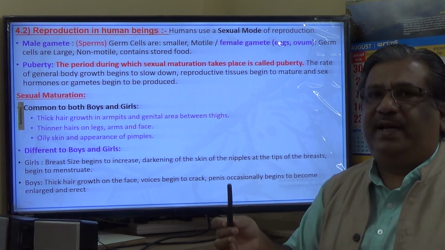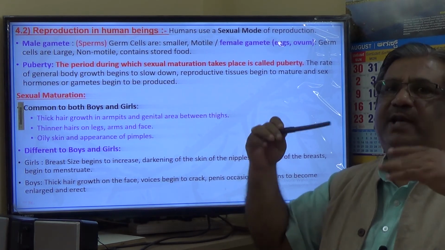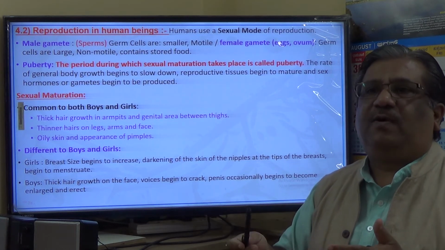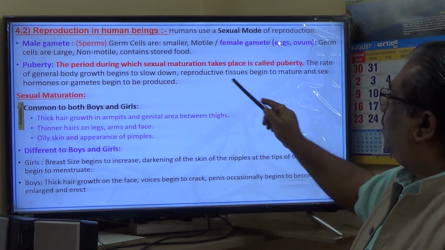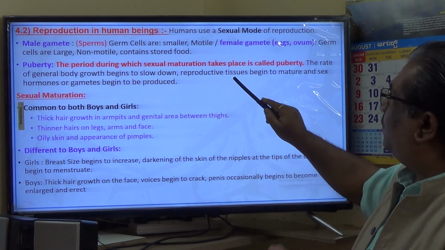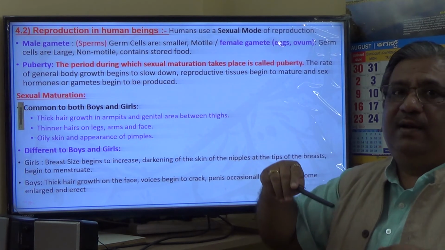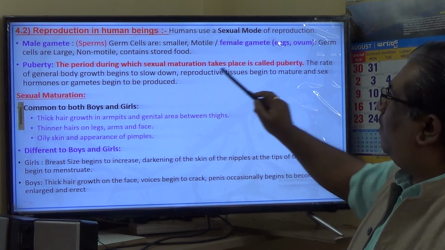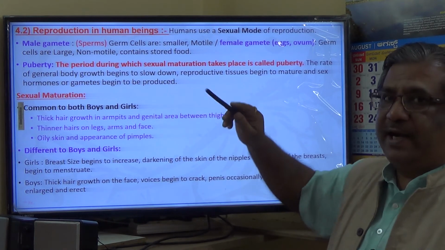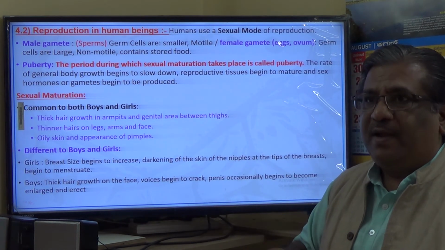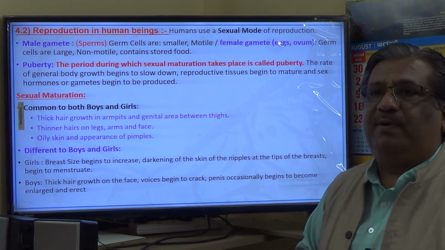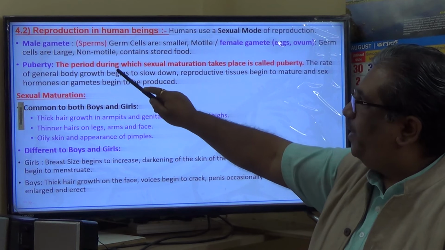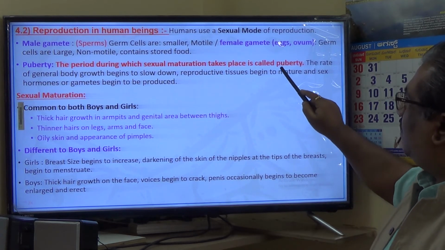It is that time period where the general body growth will be slowed down, but the maturity of the reproductive tissues and reproductive organs takes place, and the reproductive organs would be able to produce hormones and sex cells. So the period during which sexual maturation takes place is called puberty.